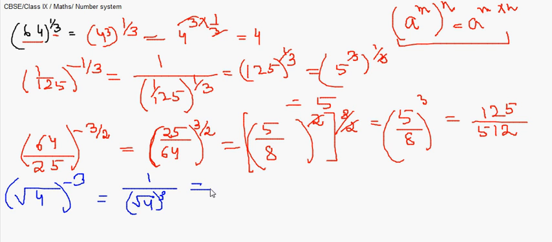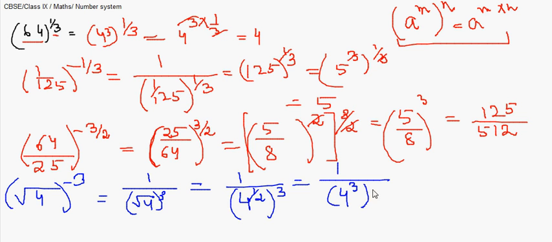Writing root 4 is equivalent to writing 4 to the power 1 by 2, and here it is the power 3. We can though interchange and write it as 1 by, if you find the root of 4, that would be 2, and then 2 to the power 3 would give you 8. Otherwise, you can take it as 4 to the power 3 by 2.